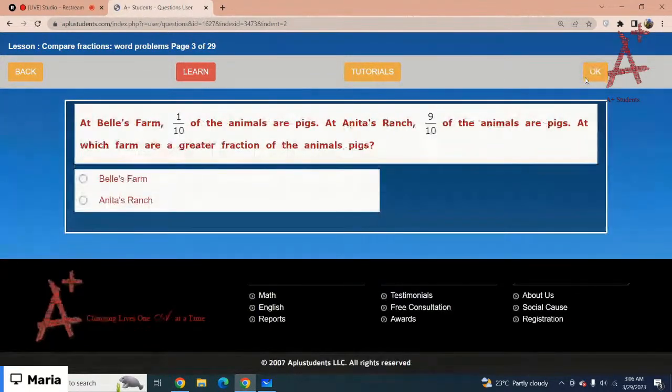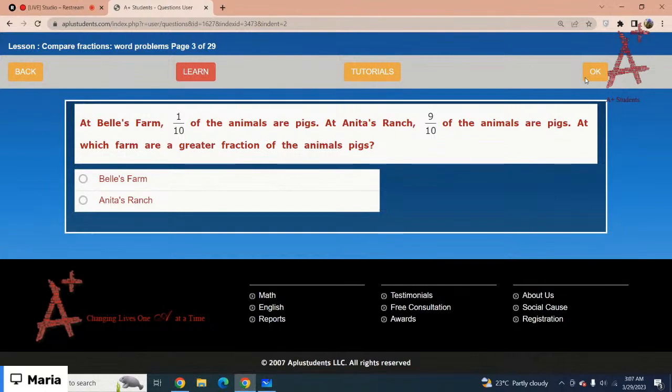Okay, at Bally's farm, 1/10 of the animals are pigs. At Anita's ranch, 9/10 of the animals are pigs. At which farm is a greater fraction of the animals pigs? So 1 out of 10 means you have a total of 10 animals and just one is a pig. Got it? And 9 out of 10 means you have a total of 10 animals and 9 animals are pigs.